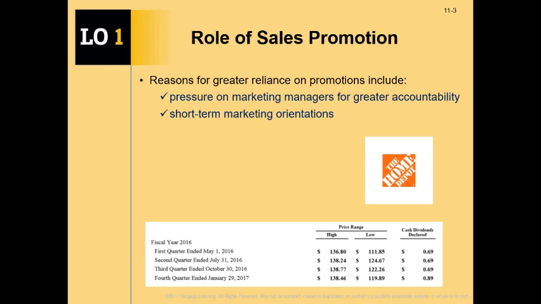Sales promotion allows the firm to measure those results in a faster, shorter-term time frame. Advertising campaigns may run over 2, 3, or 4 months, so you will have to wait longer to assess and evaluate results. So in line with the previous reason, which is greater accountability, sales promotion allows you to get a measurement of the results much faster.